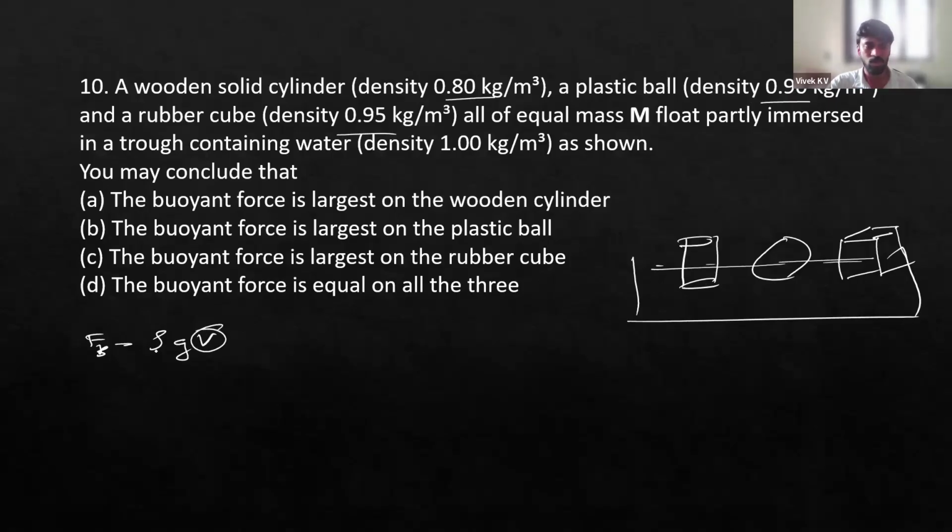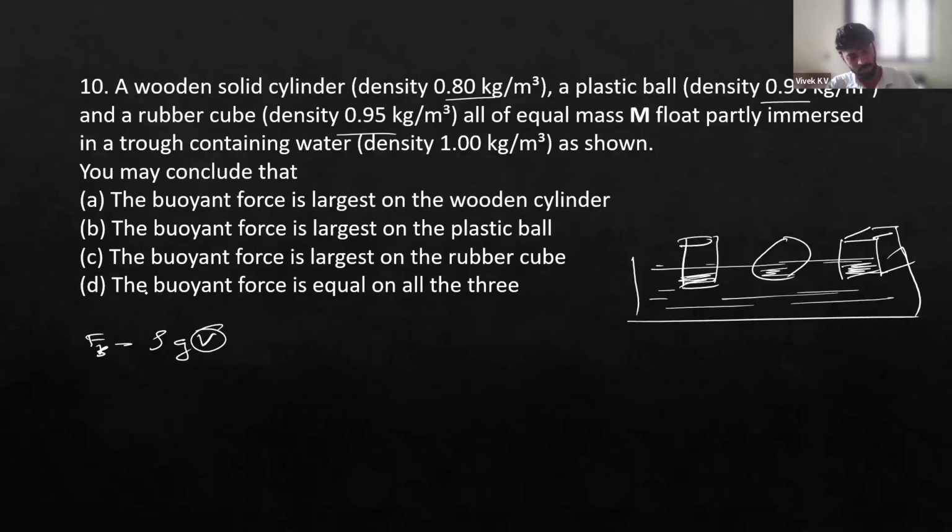Here we have to find out who has the largest submerged volume, because the density on which buoyant force depends is the density of water, and acceleration due to gravity is constant for all three. So we have to determine who has the maximum amount of volume submerged. That will be the wood out of all these options.